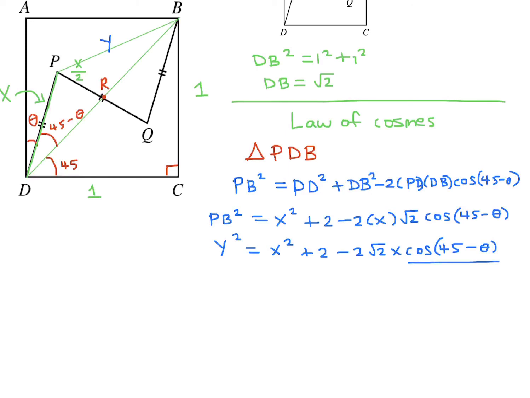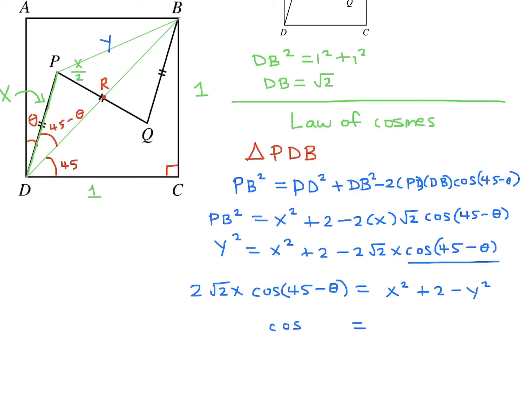I'm trying to isolate for 45 minus theta because I'm going to get the same relationship with another triangle. I can do that by putting it all on one side. 2 root 2 x cos 45 minus theta is equal to x squared plus 2 minus y squared.